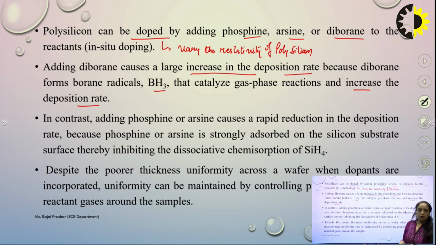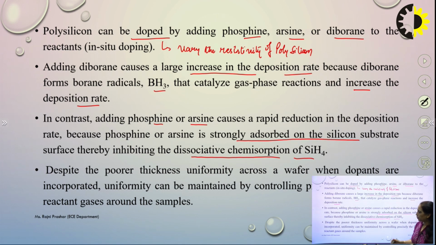Second, if you add phosphine or arsine, it causes a rapid reduction in the deposition rate, because phosphine and arsine are strongly absorbed on the silicon substrate. So when we dope polysilicon with phosphine or arsine, the deposition rate decreases, and thereby we have dissociative chemisorption of silane.